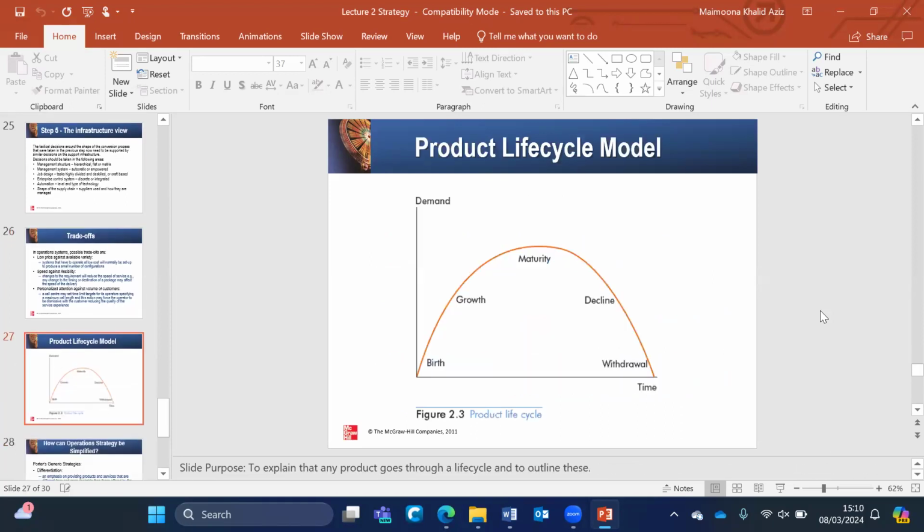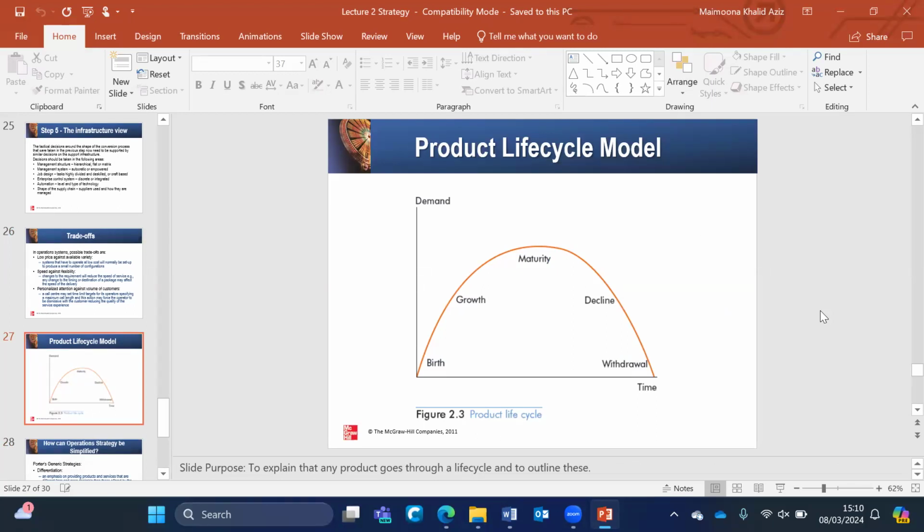There is something known as a product life cycle. This is the product life cycle model. On the x-axis we have time, and on the y-axis we have demand. So basically this says, as with everything else, the product itself also has a whole life cycle where it is born. In birth, the product is introduced to the market. Then there's growth.